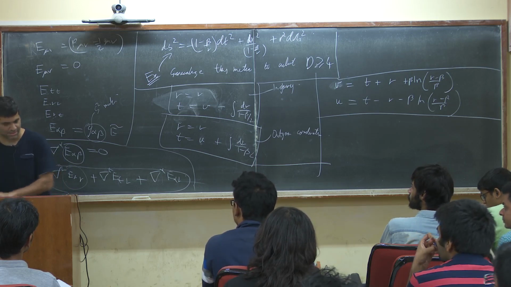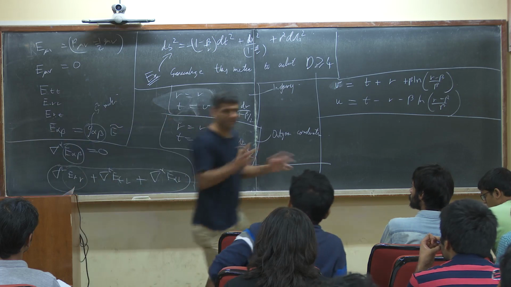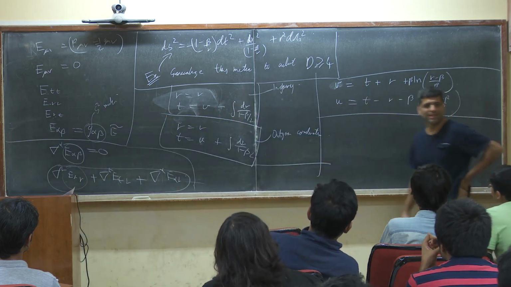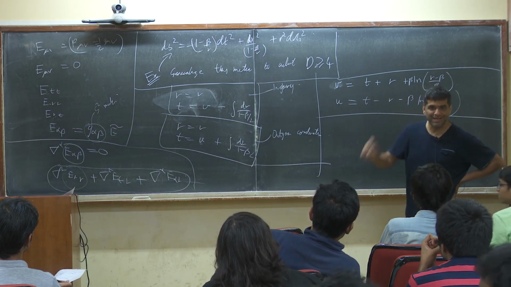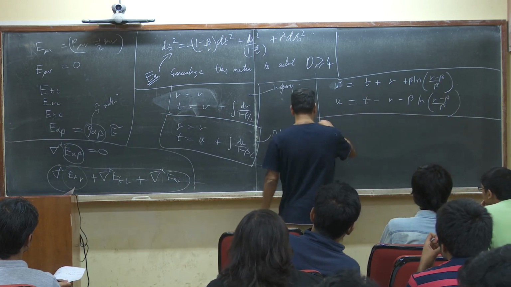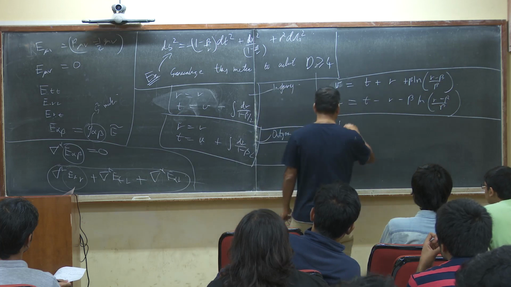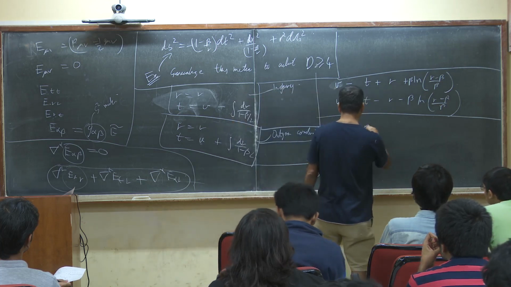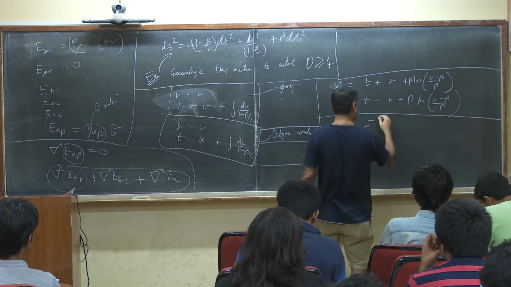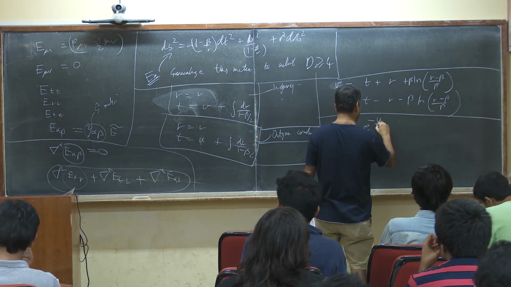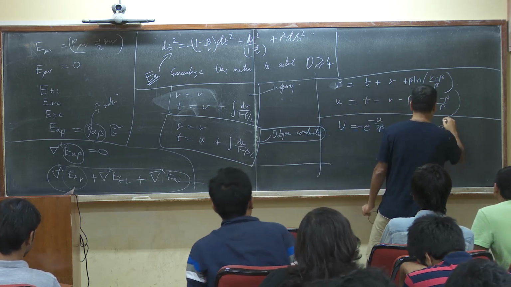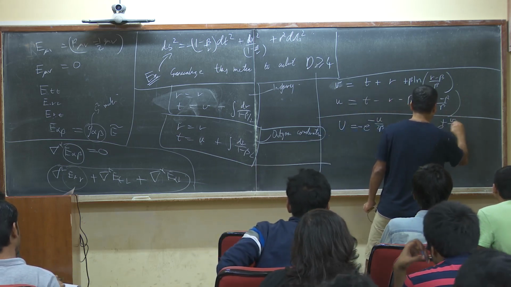One of capital U or capital V was defined with a minus sign. Whichever is with the negative exponential. So U was equal to e to the power minus u by 2 beta, with a minus, and V was equal to e to the power plus v by 2 beta.